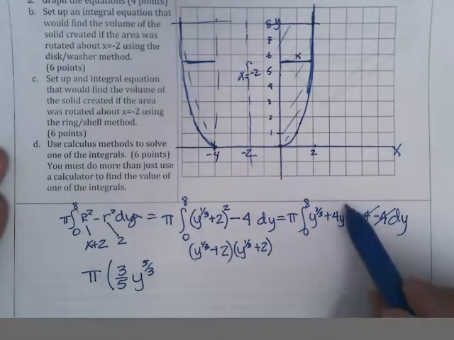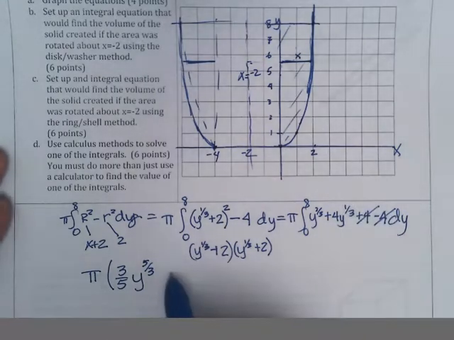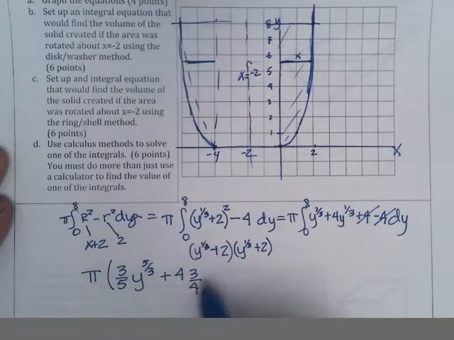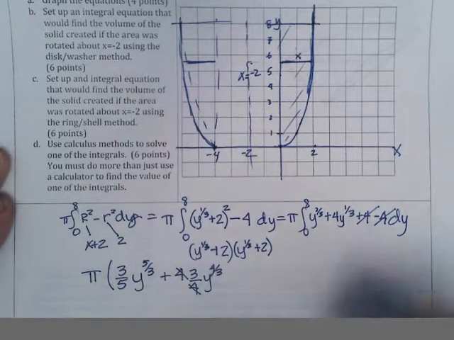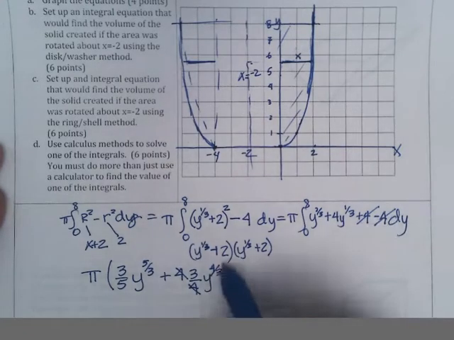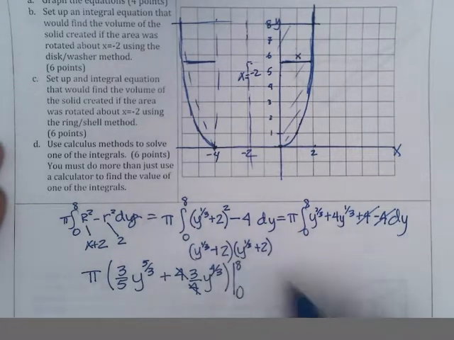1/3 plus 1 is 4/3, so it's going to be plus 4 times 3/4 y to the 4/3. And there's no more. Evaluated from 0 to 8.